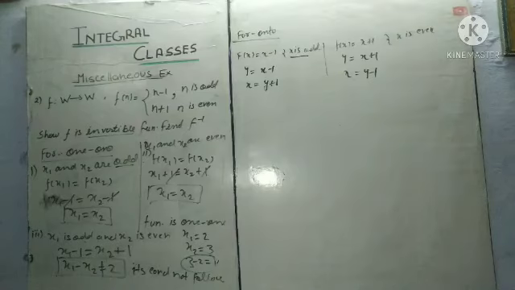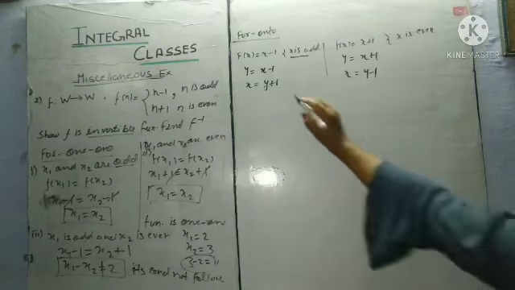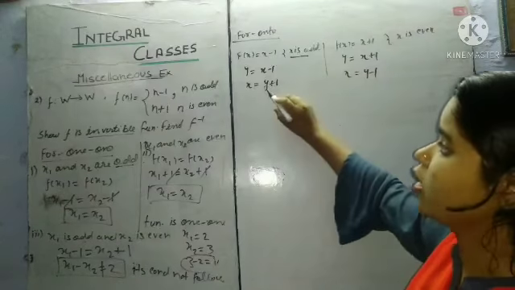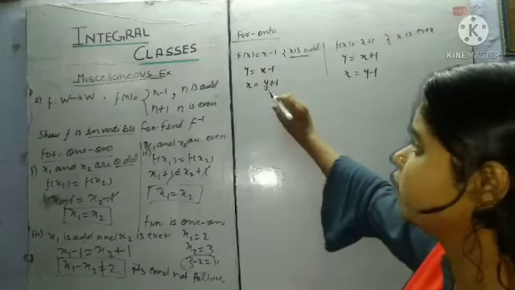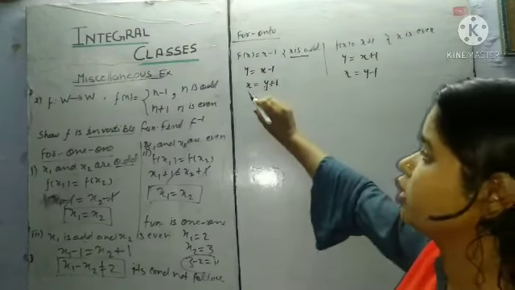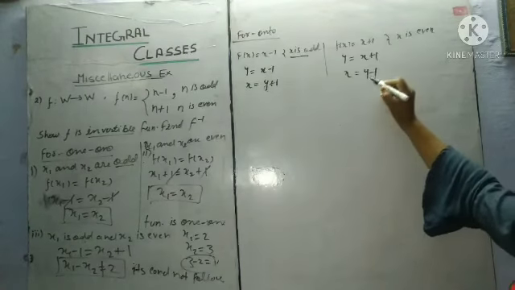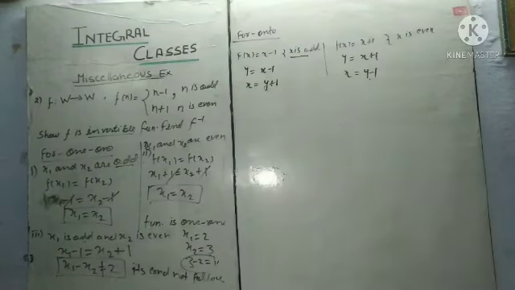So student, if we put y equal to an even number, then we will get odd, and on the other side, if we put an odd number, then we will get even.